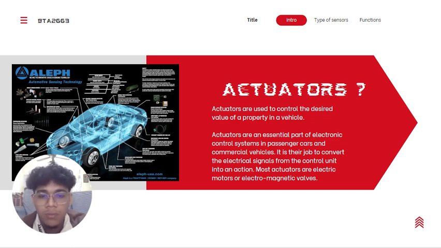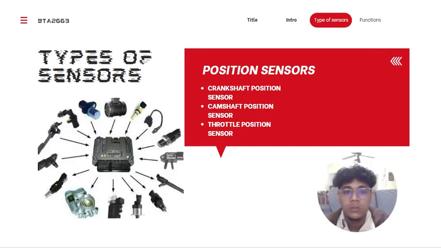It is their job to convert the electrical signals from the control unit into an action. Most actuators are electric motors or electromagnetic valves. So, as a simple sentence, we can conclude that sensors are the information gatherers and actuators are the doers. So let's break down the types of sensors.